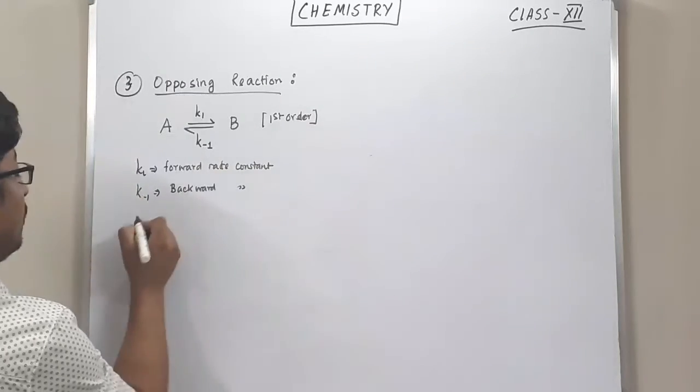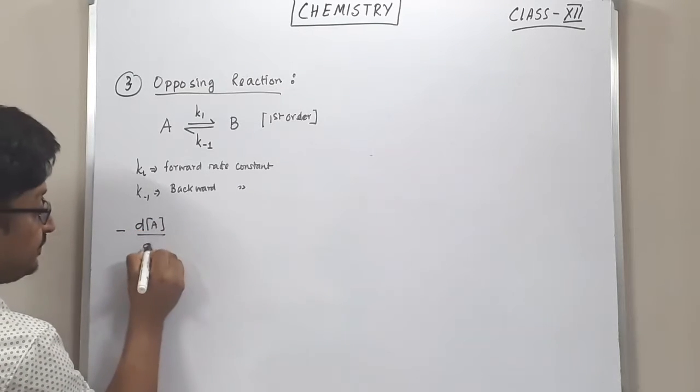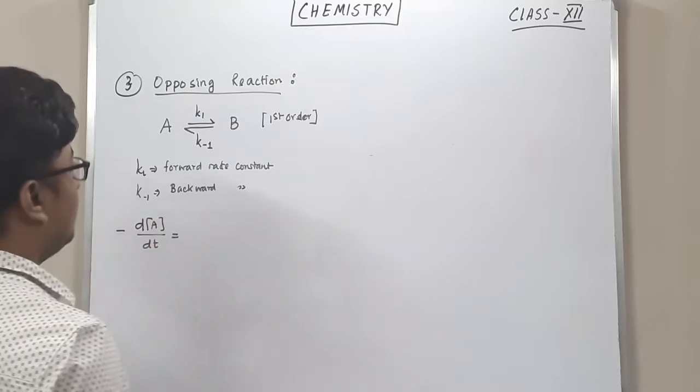Now, the rate of the reaction, minus dA by dt, will be equal to what?